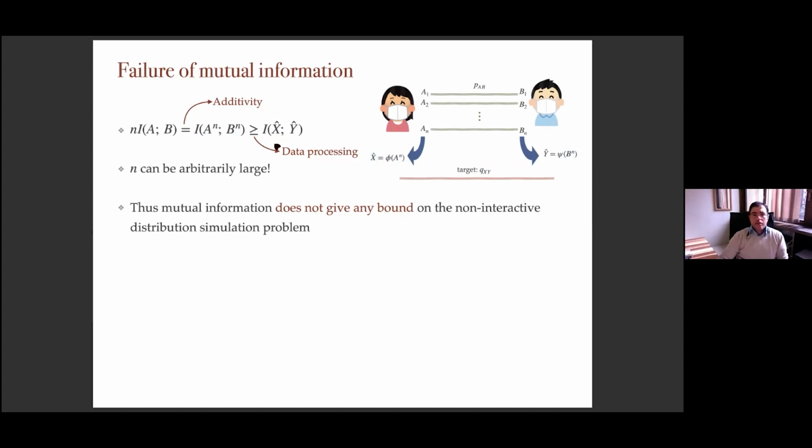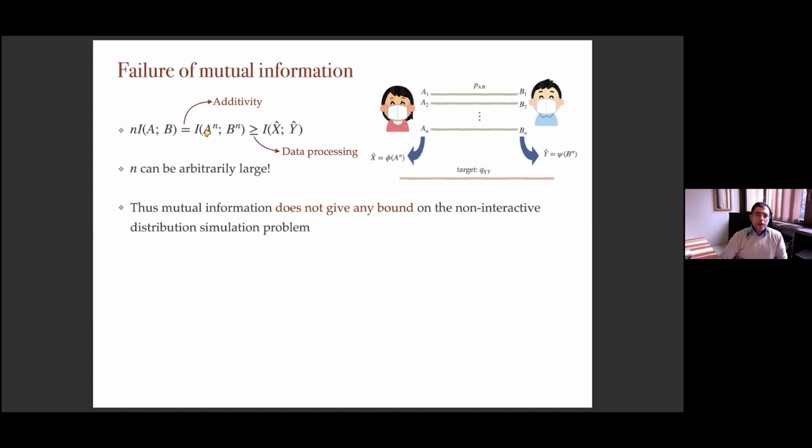Then by the data processing inequality, the mutual information between A^n and B^n is an upper bound of the mutual information between X hat and Y hat, and you can think of X hat, Y hat as being distributed according to Q_XY.